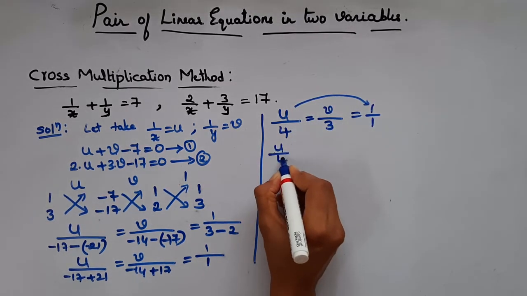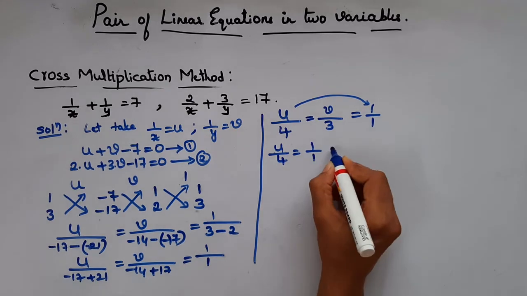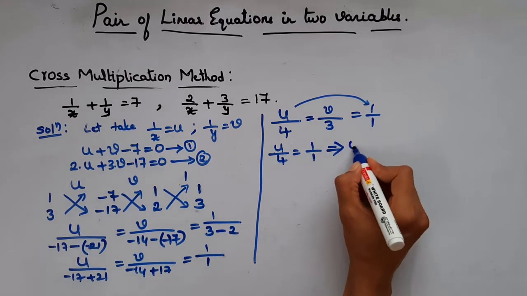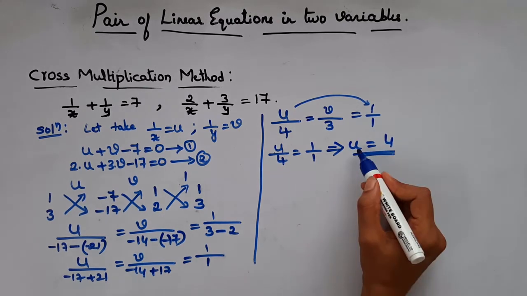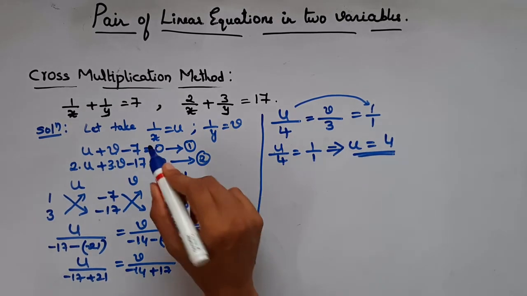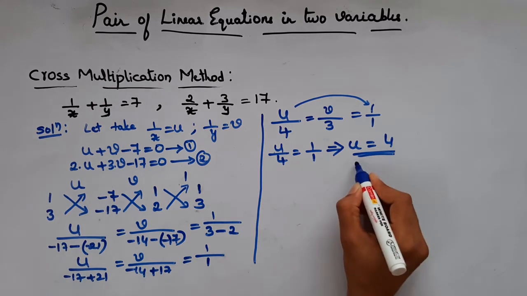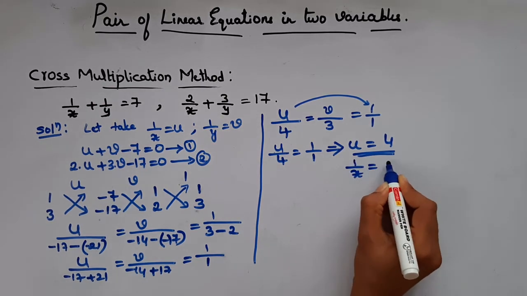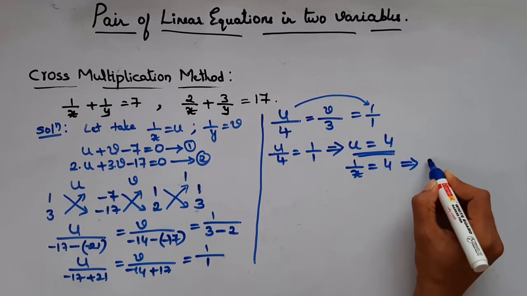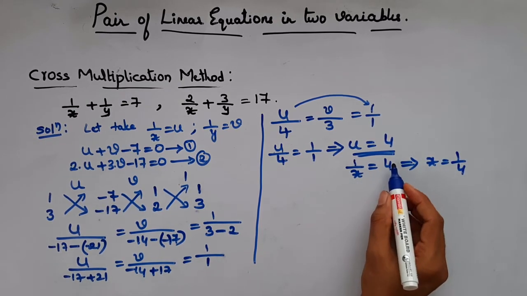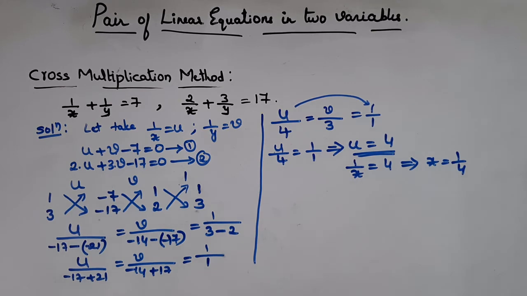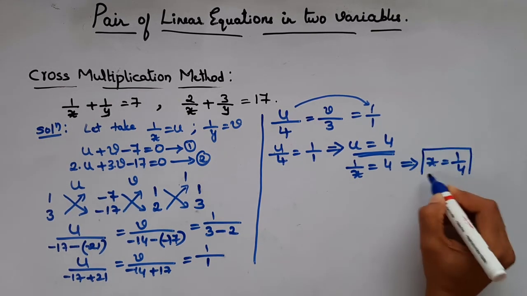So u by 4 is equal to 1 by 1, which implies u is equal to 4 by 1 is 4, right? But we have taken u as 1 by x. So here 1 by x is equal to 4, which implies x is equal to 1 by 4. Bringing x to the other side and 4 to the denominator. So your x is 1 by 4.